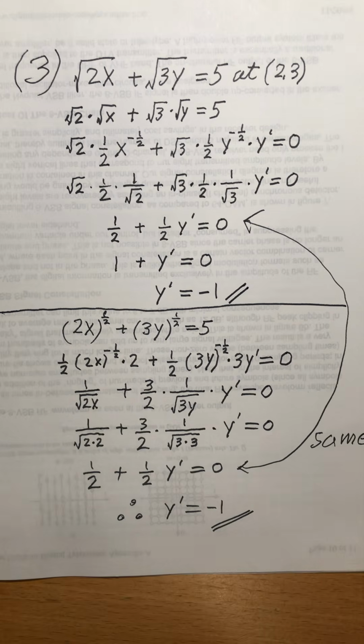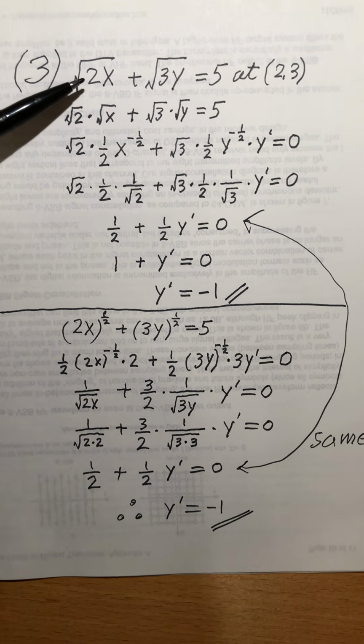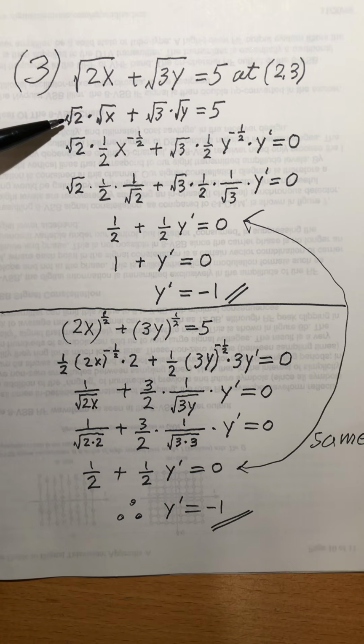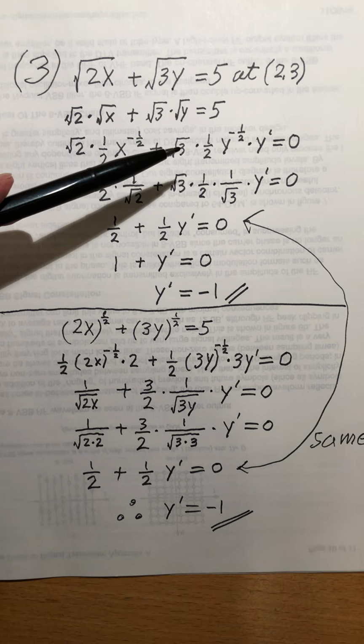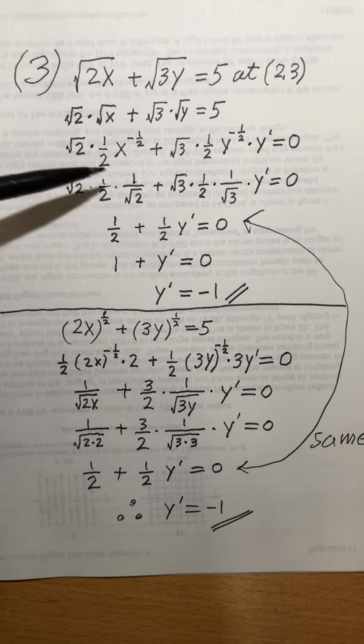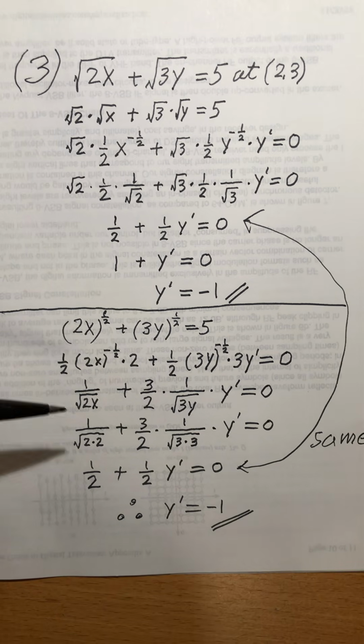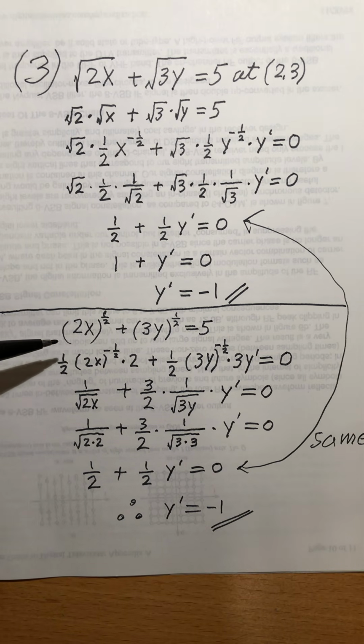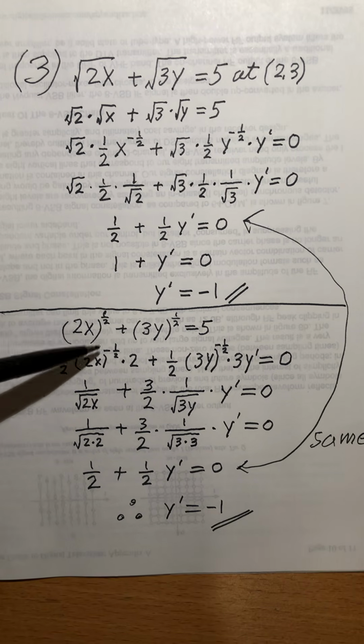So, you have two ways of doing this problem. The first way is to separate the constant, so you use the constant multiple rule, and the next is just routine. The second way is that you do not separate the square root 2, and you consider 2x as a whole.